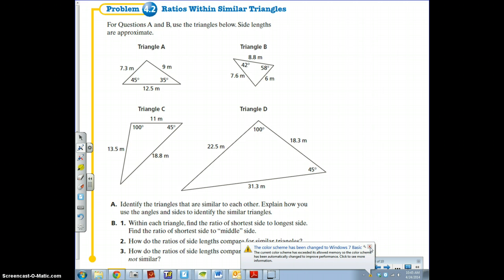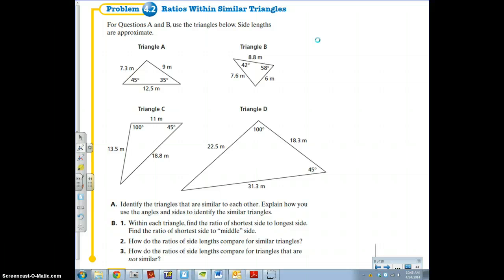This is not working for me, so I would just go ahead and put down triangle A and then put all of the work for that. Do short to long and short to middle, then triangle B, short to long and short to middle.